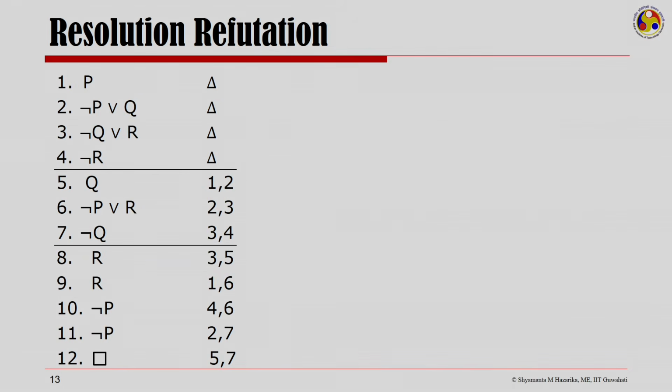If there is a resolution refutation of delta, then we say that delta, the set of clauses that I started with, is refutable. So, here is the resolution refutation of the set of clauses delta, because as you can see, I have a resolution trace, and in that resolution trace you can see that finally I have the empty clause.